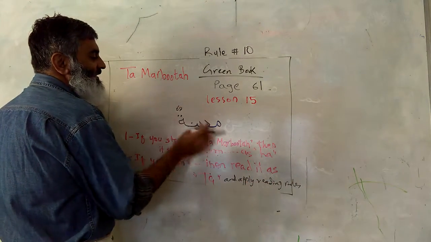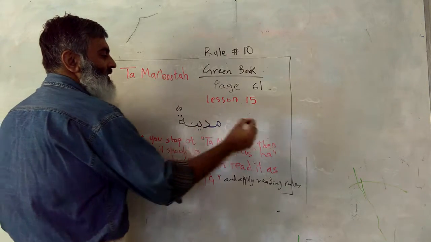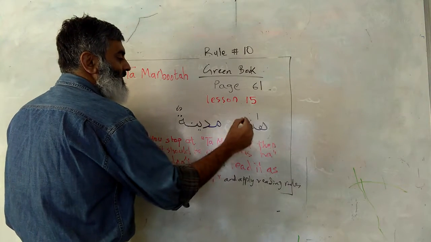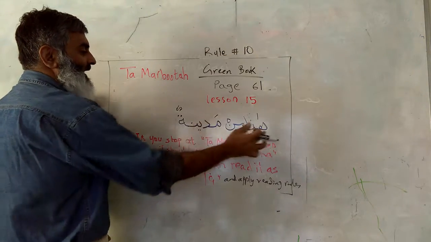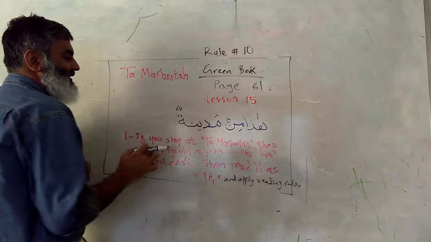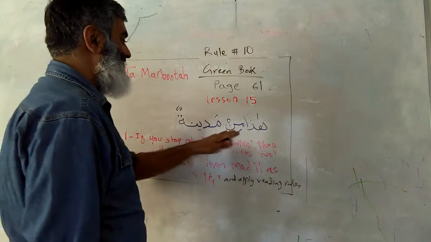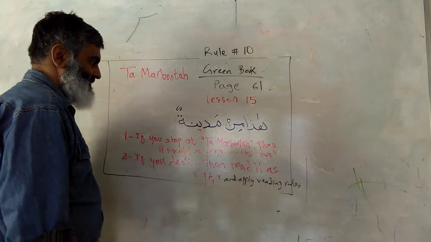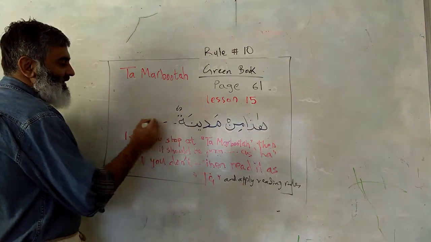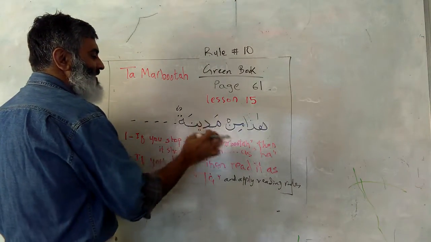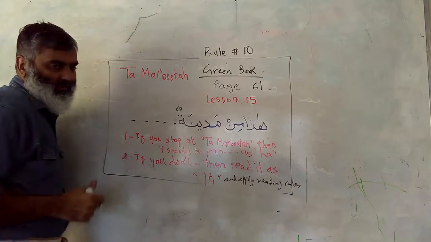So if you have a tanween, then you should read it as Madinatun. هذا من مدينة. But if you stop, it would be هذا من مدينة. If you continue and there's something after this, هذا من مدينة, and so on and so forth.